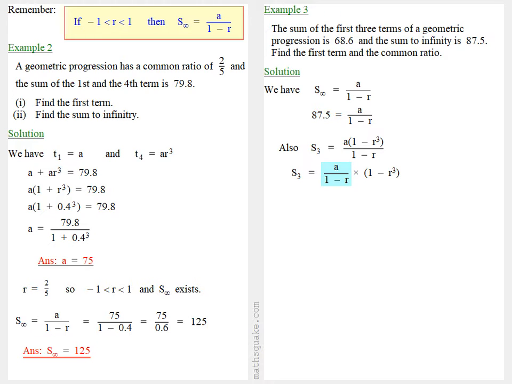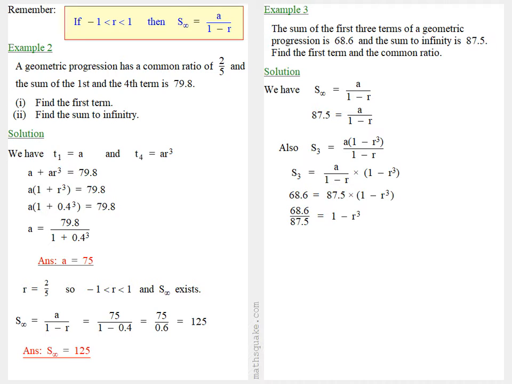But if we consider the a over 1 minus r above, that is equal to 87.5, so instead we can write 87.5. Also, S3 is 68.6, and that gives us 68.6 equals 87.5 times 1 minus r cubed.